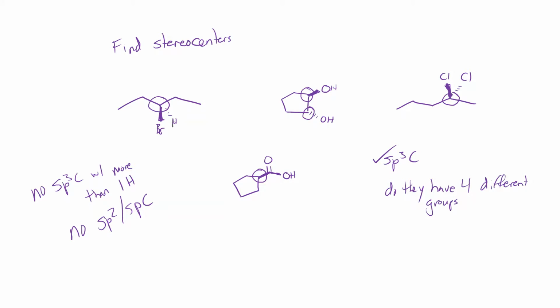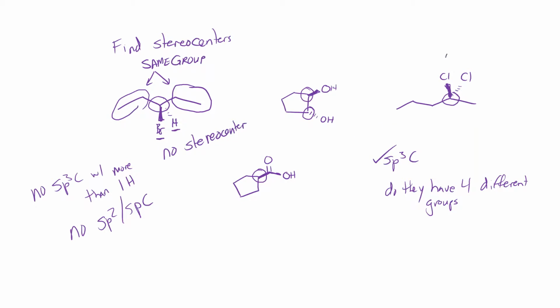At this position we have a hydrogen and a bromine, those are different. We have a 2-carbon chain over here, and a 2-carbon chain over here. This is CH2, CH3, and this is CH2, CH3. These are the same type of group. They're both 2-carbon chains, and so there is no stereocenter in this molecule.